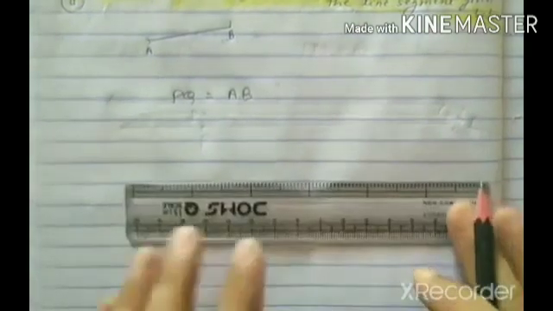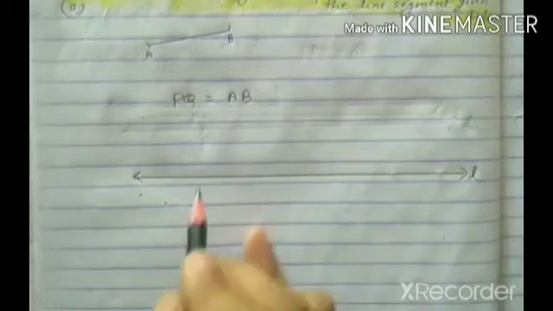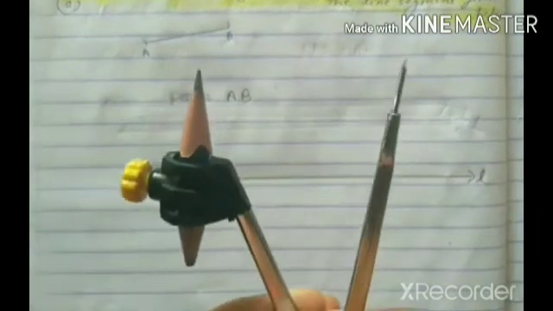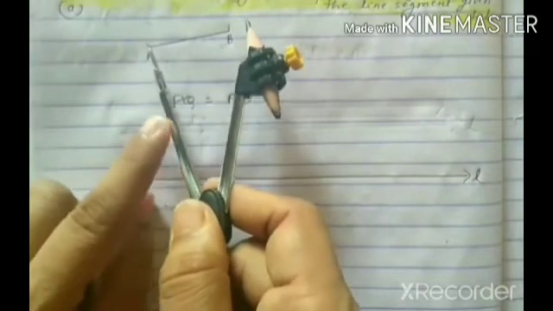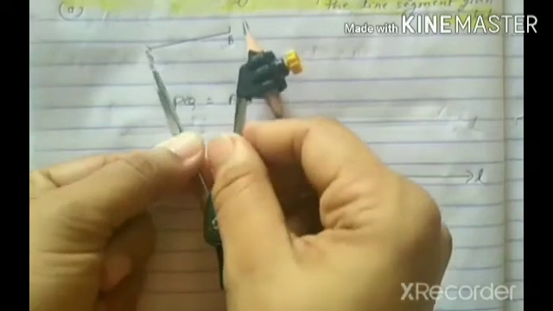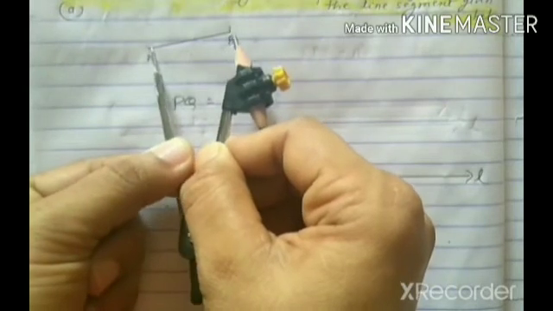First, draw a line L. Take a point P on it. Now open the arms of the compasses and keep the metal end at point A and pencil point at B, like this.